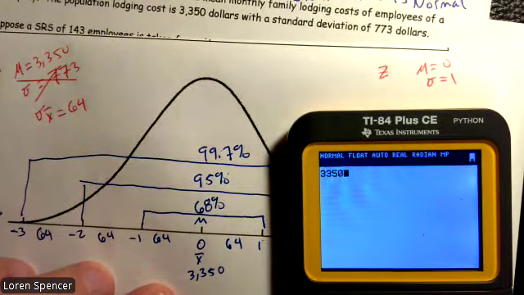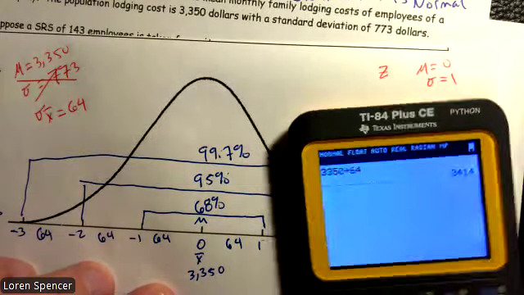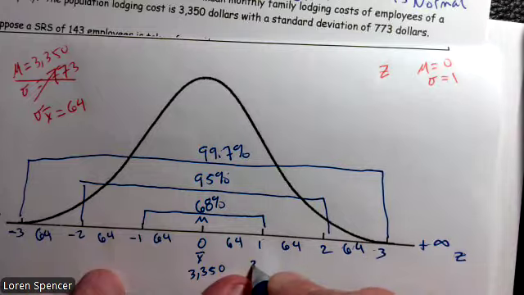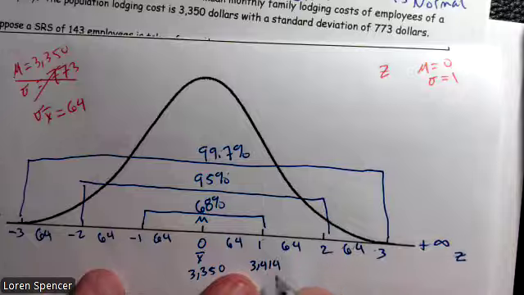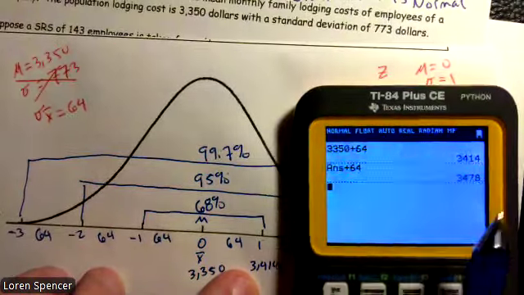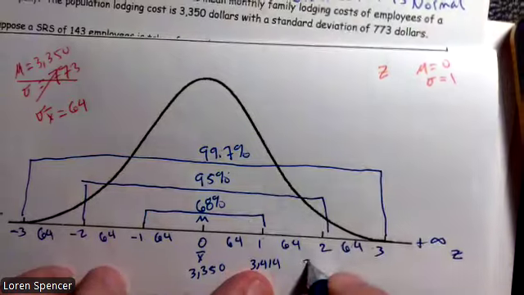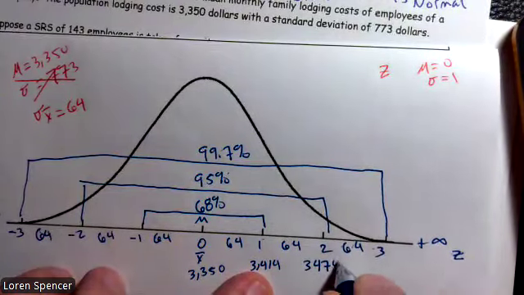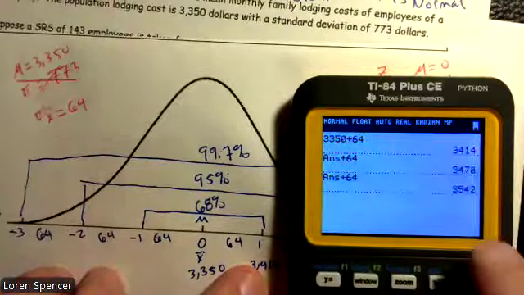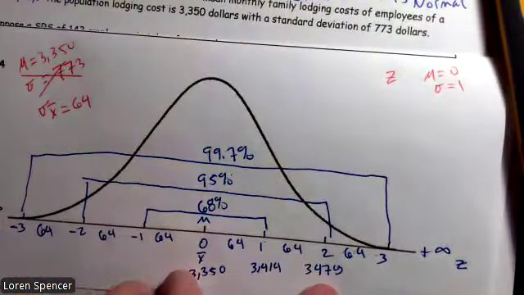So 3350 plus 64 is 3414, plus another 64, 3478, plus another 64, 3542.